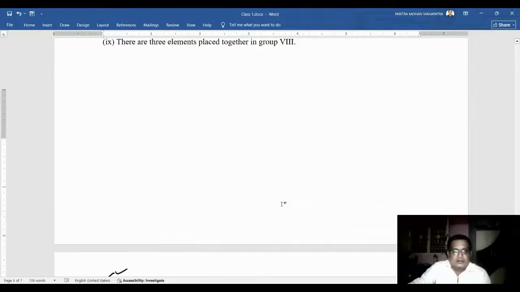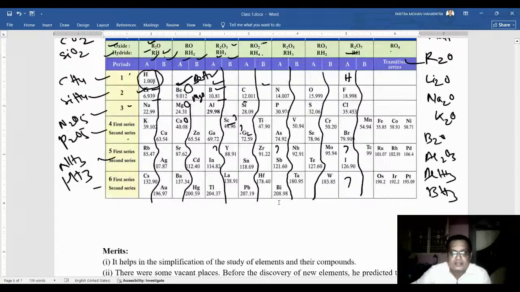Look at the table. There is silver. It is present in the first group and fifth period. There is thallium. It is present in the sixth period, and that is its group.